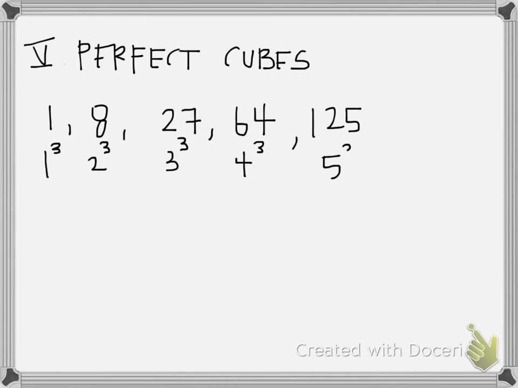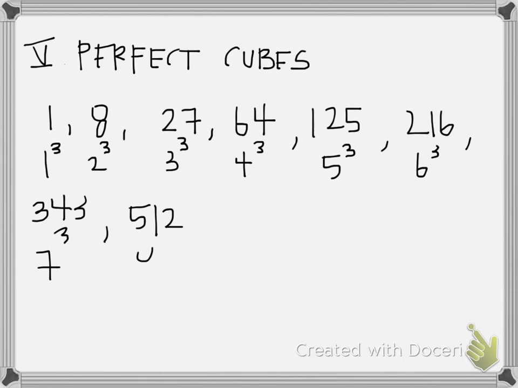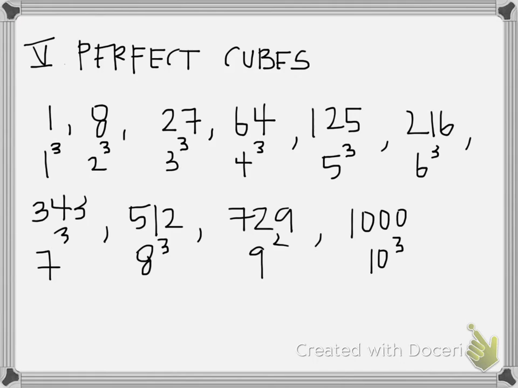Sorry, guys. 6 cubed is 216. 7 cubed is 343. 8 cubed is 512. 9 cubed is 729. And 10 cubed is 1,000, basically adding 3 zeros.